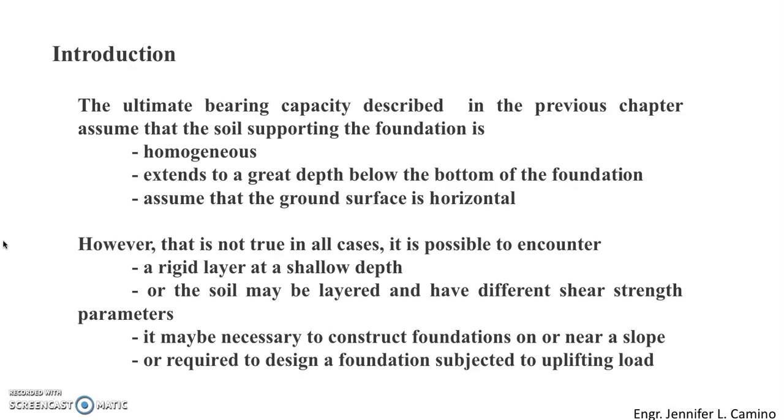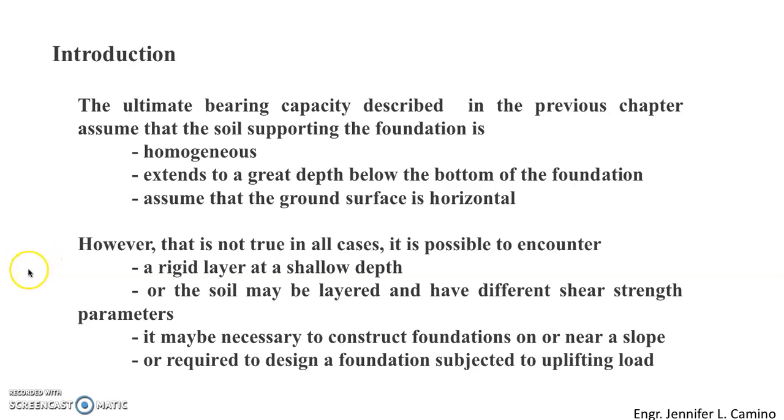There will be a time that we will encounter a rigid layer at shallow depth, and the soil may be layered and will have different shear strength parameters, and of course there will be a time that you will need to construct a foundation on the slope or near the slope. So those are the considerations in this chapter.